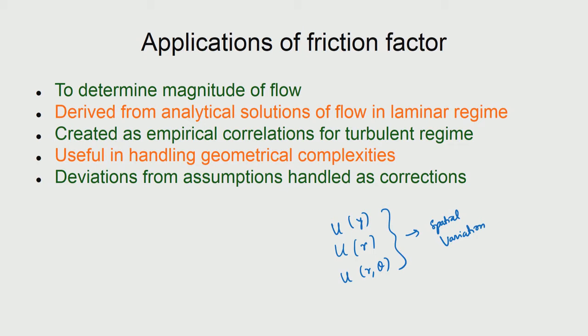For example, in the turbulent regime, the spatial variation is actually a function of time, and there is no point in describing elaborately what would be only a transient in nature. So, it would be good if we can take the time averaged velocity over the entire domain and see how that magnitude of the flow can be determined. The correlation for such magnitudes of flows can be derived for analytical flows that we have already.